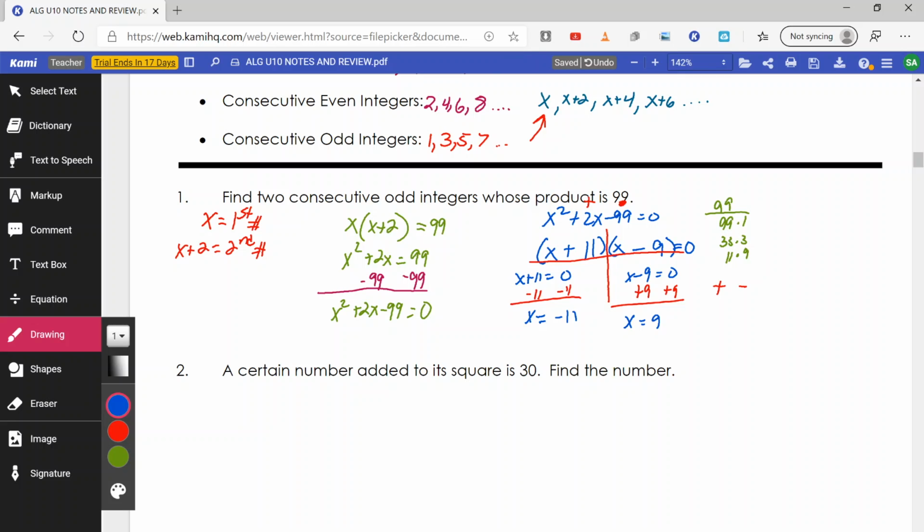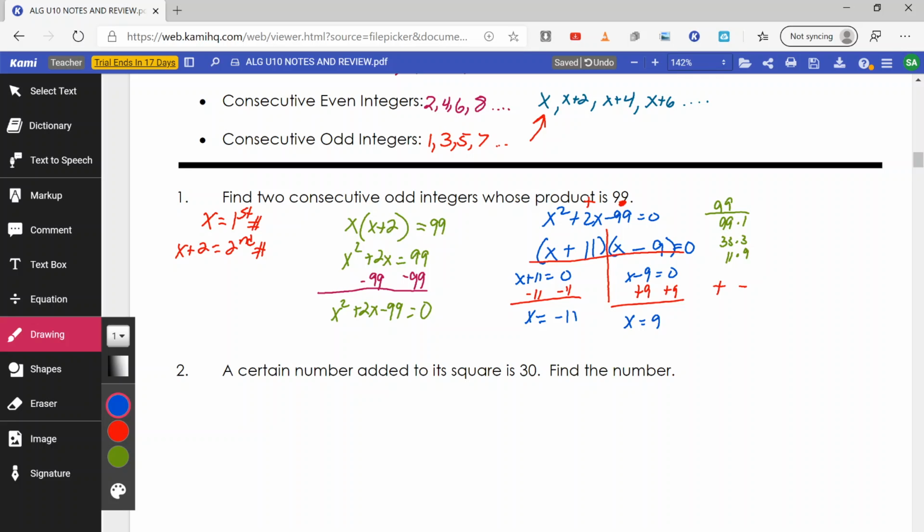So now we have a couple options. I have x equals negative 11 and x equals 9. So first thing I need to do is make sure that the consecutive odd numbers multiply to 99.